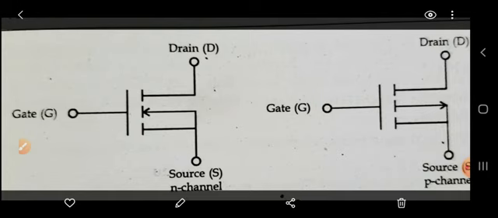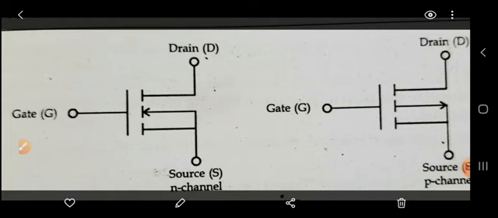Now how the power MOSFET works, what is the structure and what is the symbol of the power MOSFET, again we will go through the detailed explanations of this. Now I would like to show you the symbol of the MOSFET.